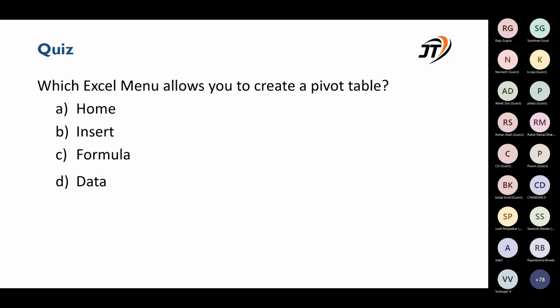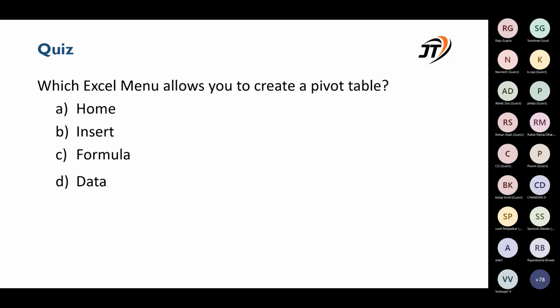So many of you are saying the answer is B, insert, but it's interesting to see that some of you have also said D, which is data. Okay, Vijay is saying F4. That's a shortcut. Yes. Saif is saying A and D, which is home and data.